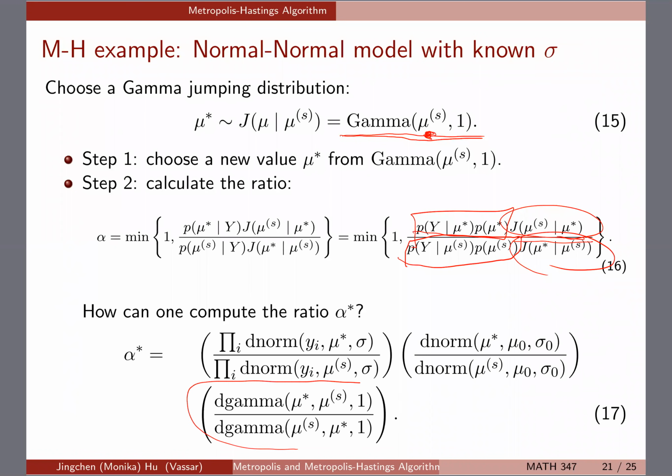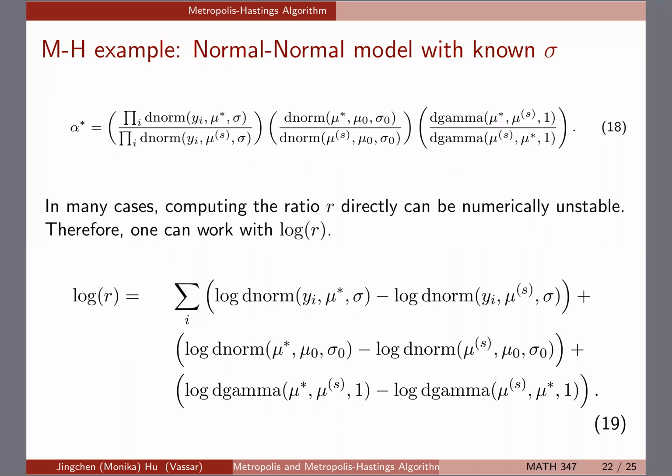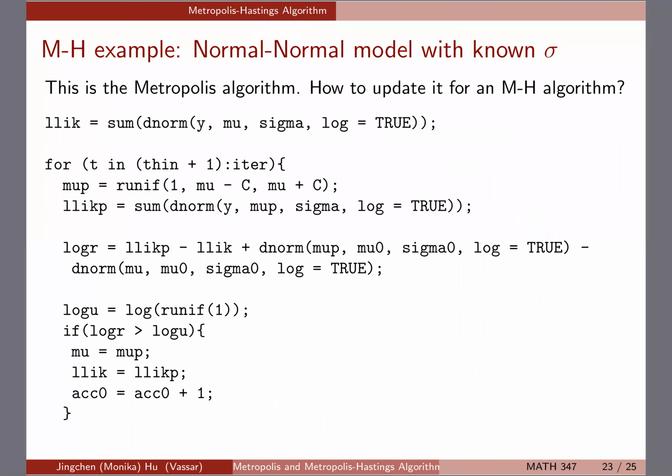This term is the same as before, but now you have this J over J, because I'm using the jumping distribution as gamma. So you use dgamma. It's getting a little more complicated, but it's much the same thing. I left this as an exercise, so I didn't actually change the code to give you the Metropolis-Hastings algorithm.